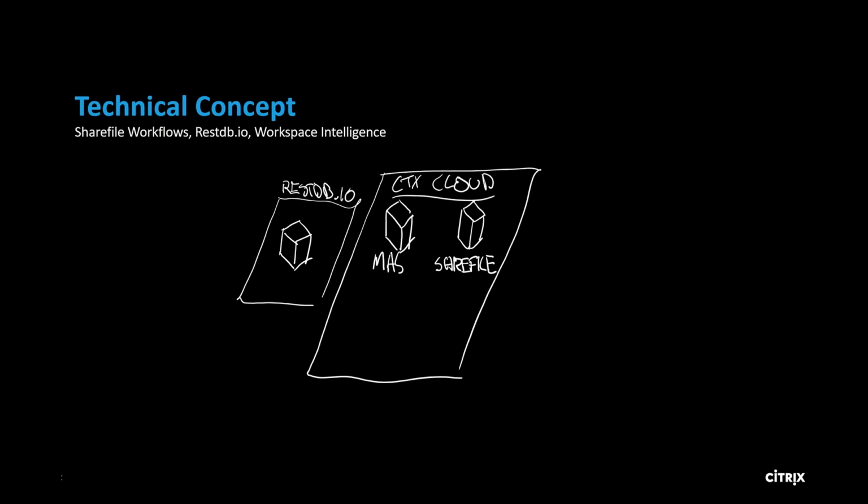We need to grab some positional data from the unit. And in order to do that, we do not yet have those features in Workspace, or in the Workspace app rather. So we're going to use ShareFile workflows. Also, of course, to display and manipulate the data, we are going to use Workspace.